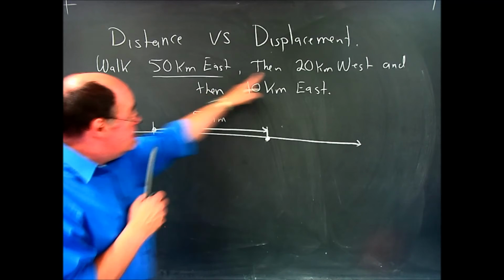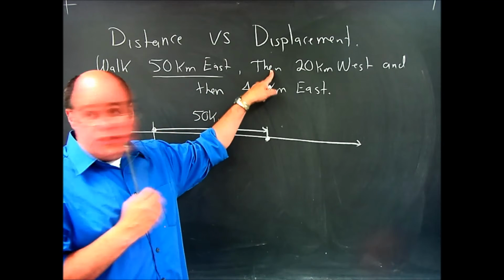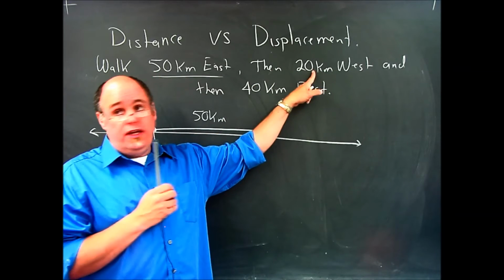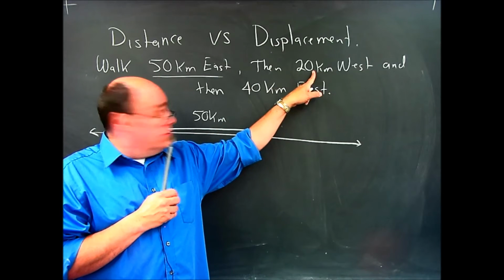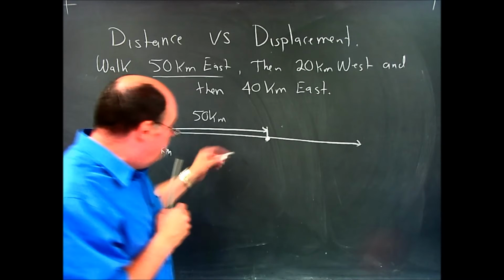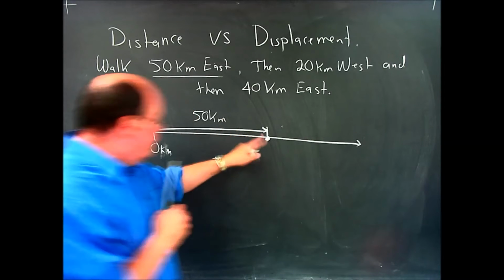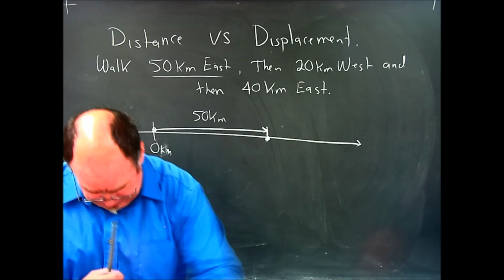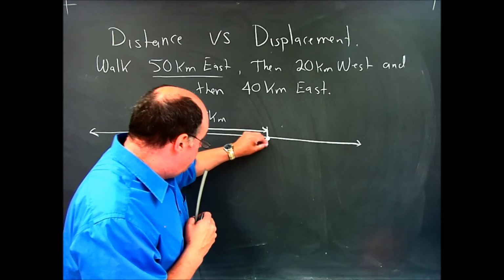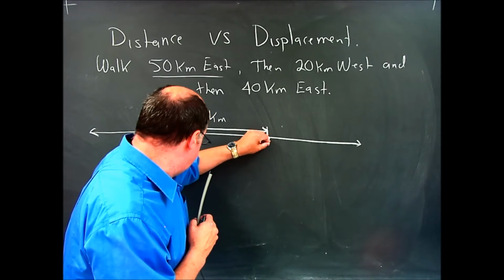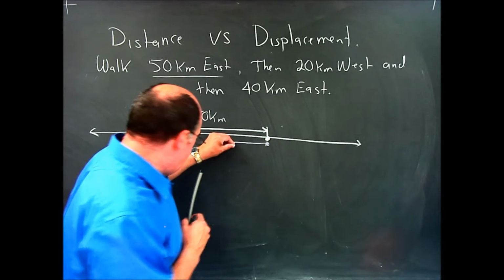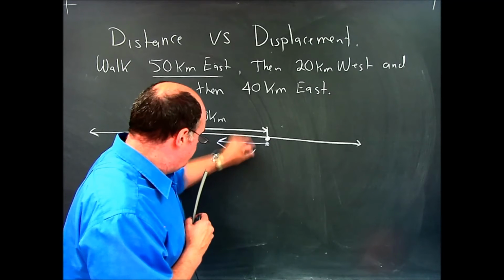And then they're going to have to turn around for some reason, and go west 20 kilometers. I don't know why they're going west, but they have to go west now. So for the second part of their trip, they're going to start right here and go this way, and that arrow would represent 20 kilometers.